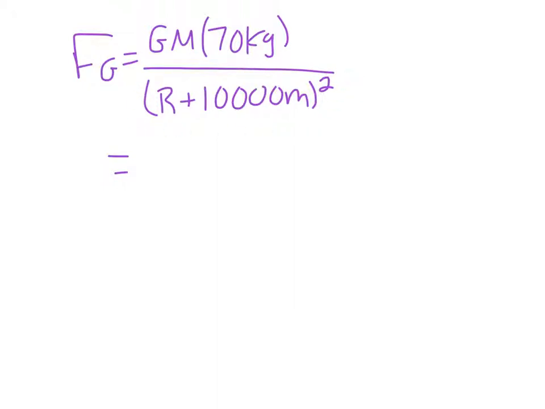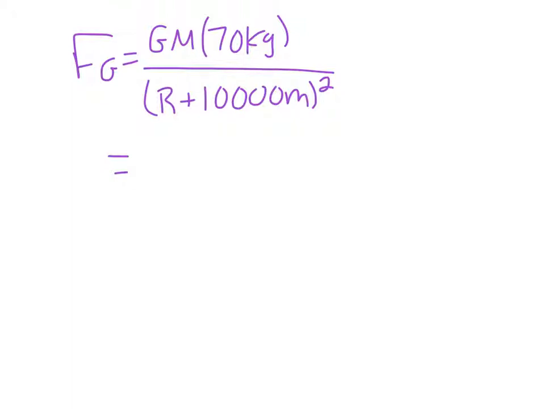So in your calculator, if you stored the numbers like I told you, you would just hit alpha G, alpha M, 70, hit enter, divided by the radius of the Earth, so R, 6.38 times 10 to the 6 meters plus 10,000 meters, parentheses, squared.